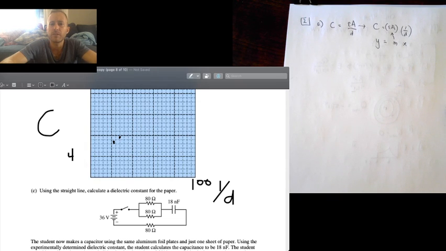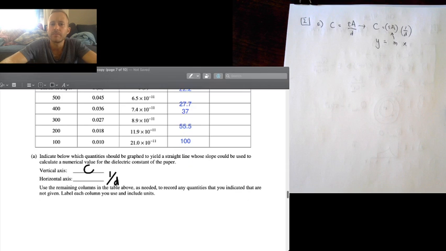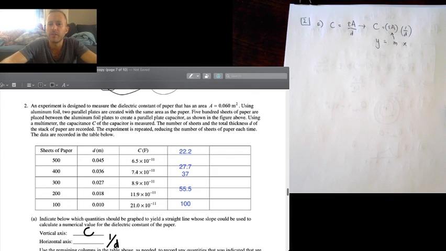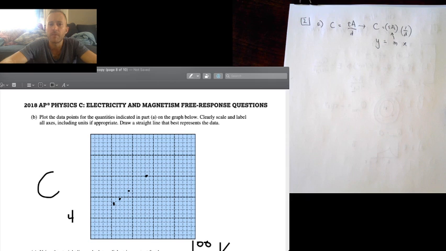Oops, around here. And my next one is 55, 11.9. So 55 might be right here. 11.9 is like right here or so. And then the last one is 100 and then 21. So 100 and then 21 is like up here. So this is our straight line.